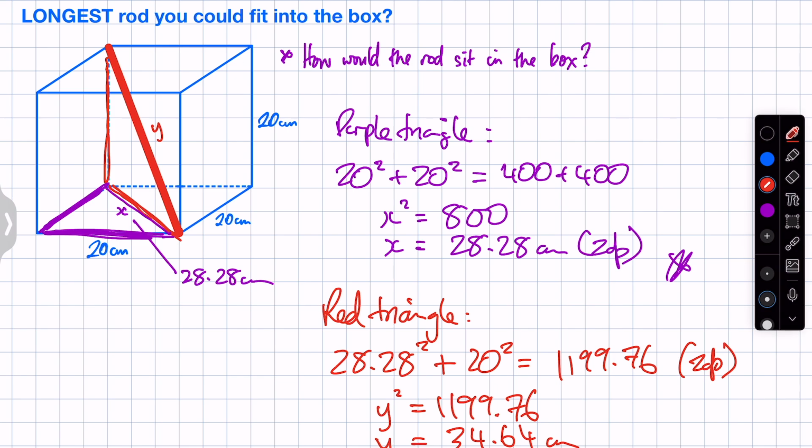What's the bottom? It's along the bottom of the cube. Is it close to 28.28? Yeah. Yep. And then this is the longest rod. This is Y. What did we work it out to be? 34.64. Yep.